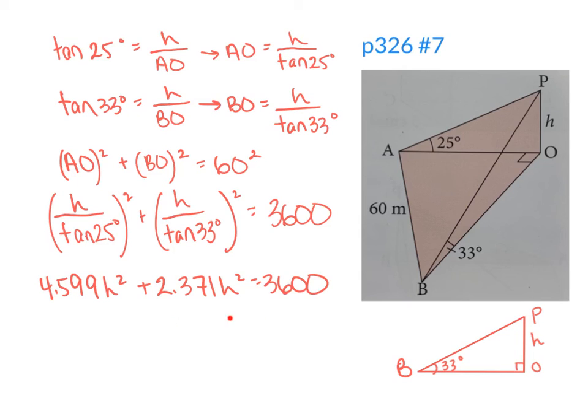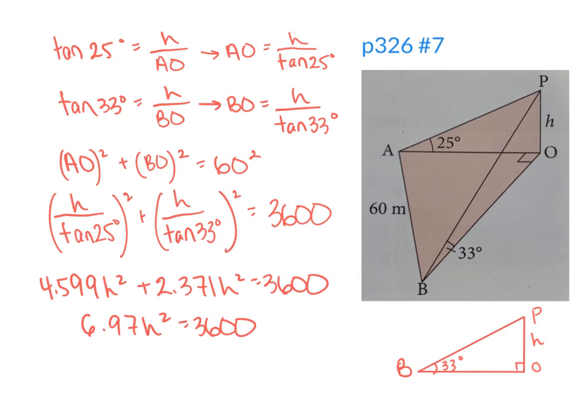So here's what I got when I simplified above. Please keep in mind that even though I've rounded here, I've kept the full answers on my calculator, and I'm not actually going to round until the very final answer. So now that I have like terms here, 4.59 H squared plus 2.371 H squared, I'm going to combine like terms, which gives me 6.97 H squared, still equal to 3,600.